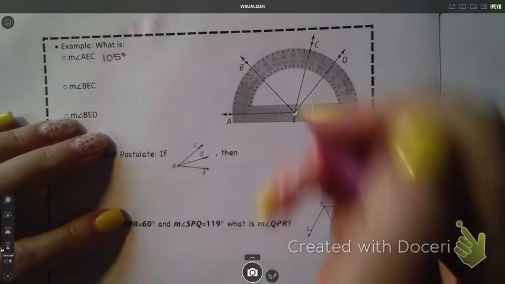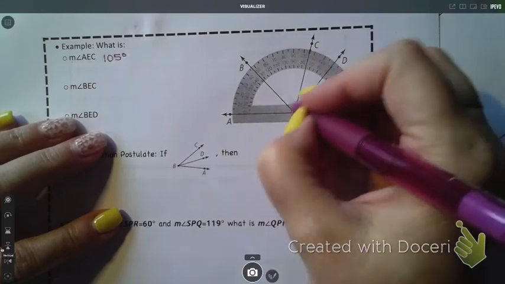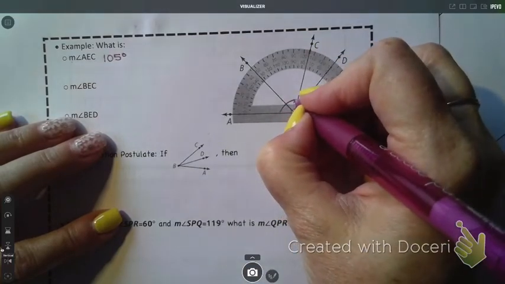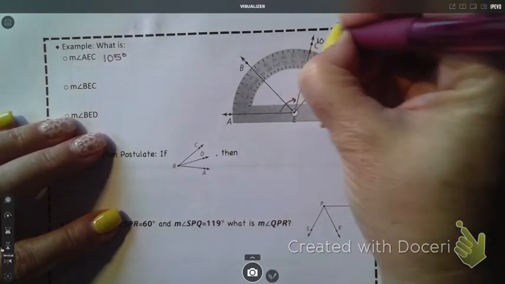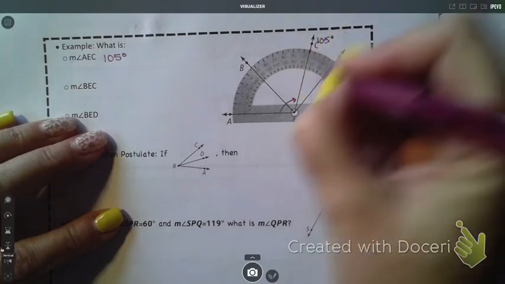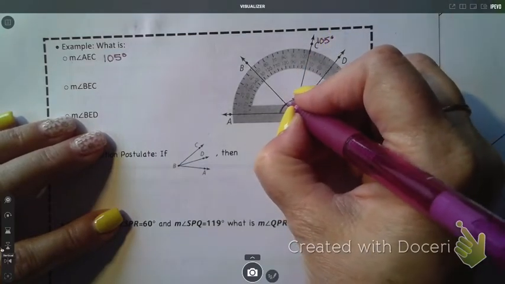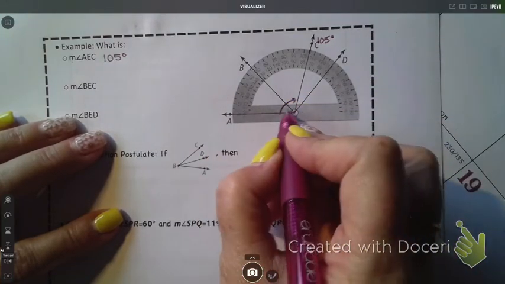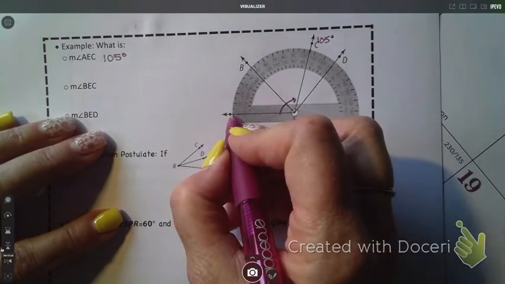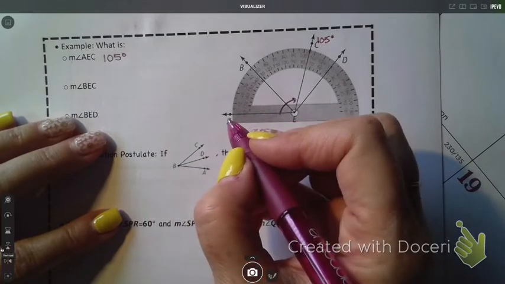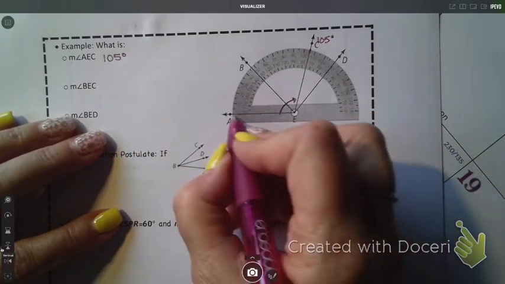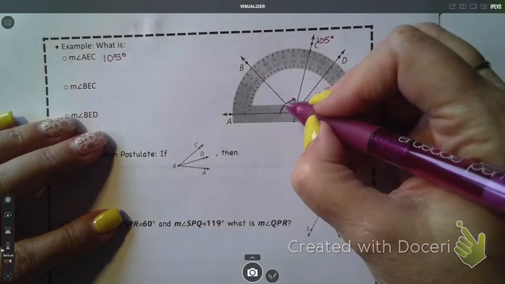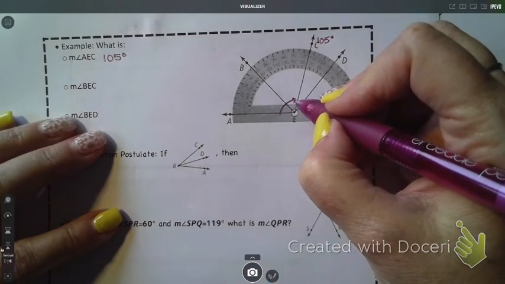Okay. So we said from here to here, this whole thing right here, was 105. See how I draw it like this? We usually call this the initial ray, and it is moving to the terminal ray. Ever heard that word terminal somewhere?